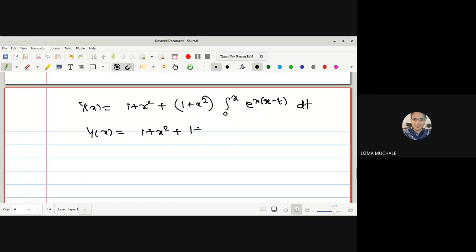So now we have to evaluate this integration, then we will see what will happen. For integration of this, I can take this e raised to lambda x outside. And integration of e raised to minus lambda t will be e raised to minus lambda t divided by minus lambda within the limit 0 to x.